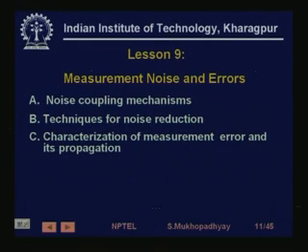So, how does noise get coupled to a sensor? Noise is very important, because noise reduces measurement accuracy. It also creates problems when a sensor is giving feedback to a process control loop. If there is noise in the sensor, then the whole process control loop will start oscillating.